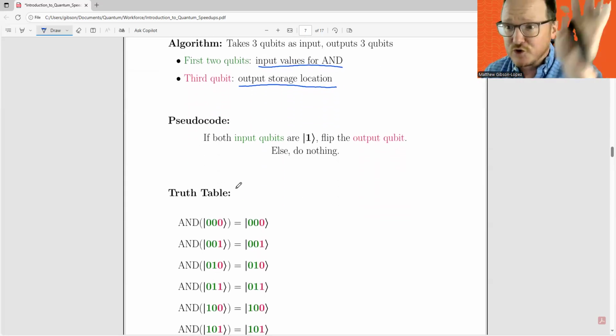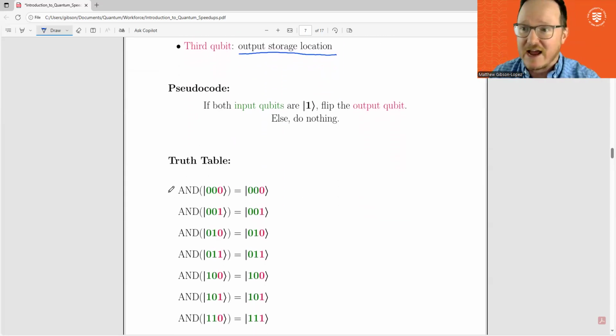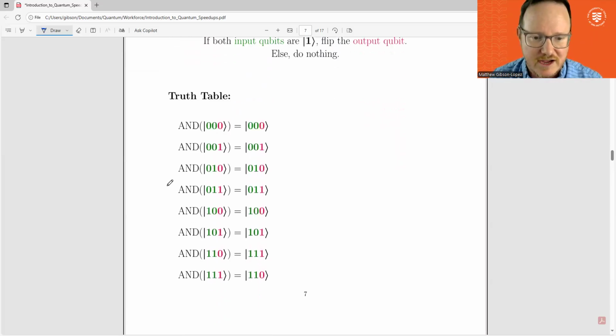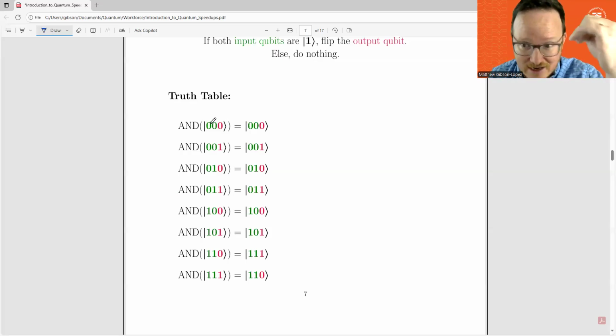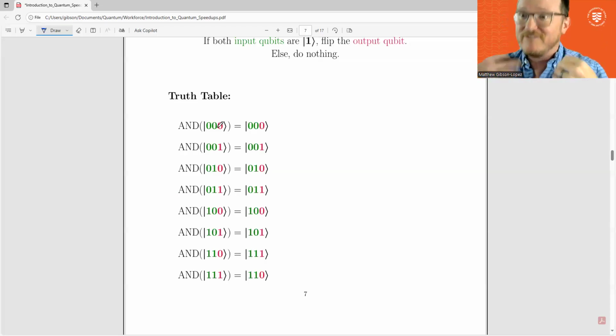So here's a truth table if I want to think about how the quantum algorithm will look on any of the eight non-superposition quantum states that we provide. Again, green corresponds to the input qubits, and red corresponds to the output qubit. I'm going to look at the green input qubits to evaluate whether or not the AND function should be true or false.